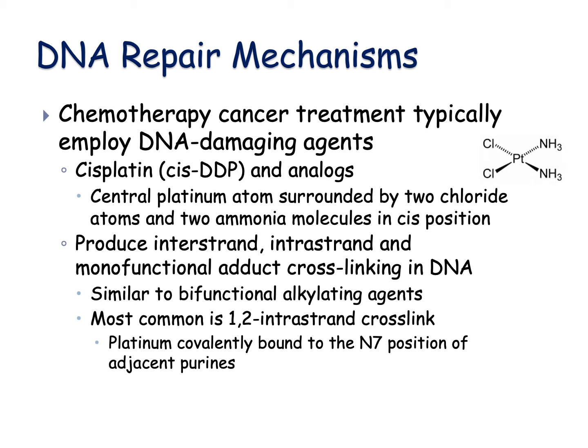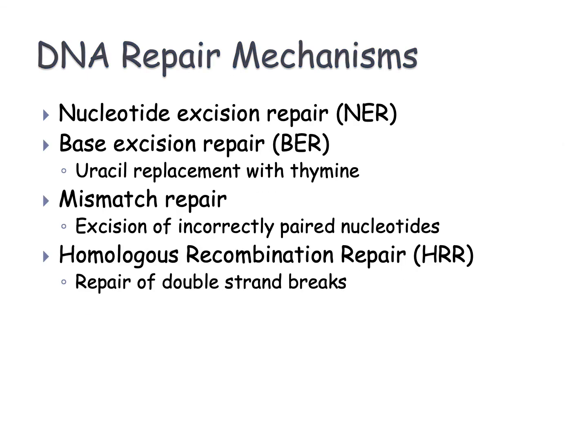So by overexpressing the repair mechanisms, the enzymes that repair these modified bases, we can develop resistance to these drugs as well. So, as fast as the drug is modifying the DNA, if the cells can repair it, then there's no damage done.